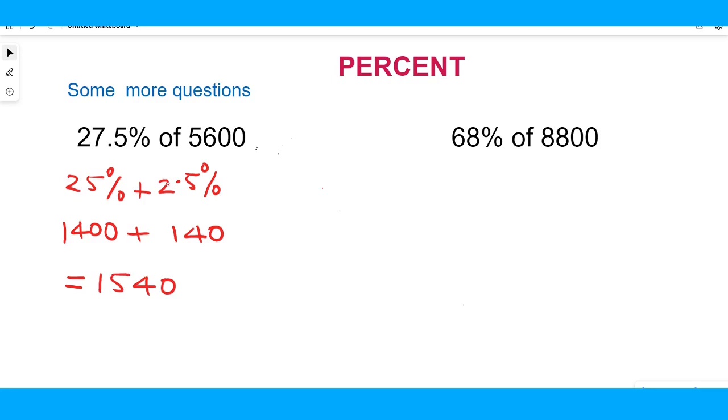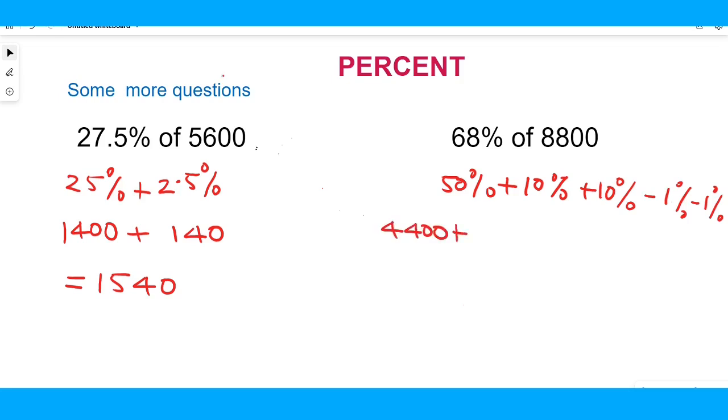Now we go to the next question, that is 68% of 8800. This can be written as 50% plus 10% plus 10% minus 1% minus 1%. 50% of 8800 is 4400 plus 10% of 8800 is 880 plus 10% of 8800 is again 880 minus 1% is 88 minus 1% is 88.